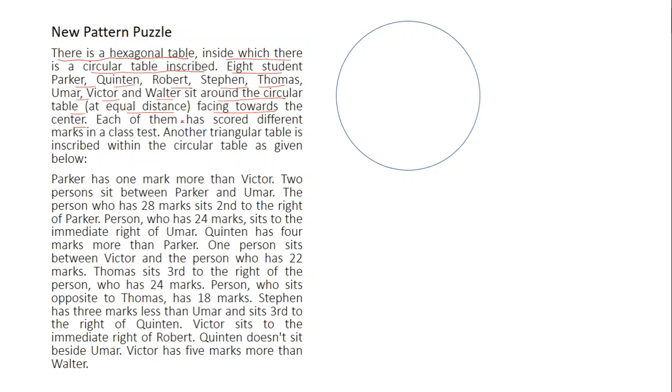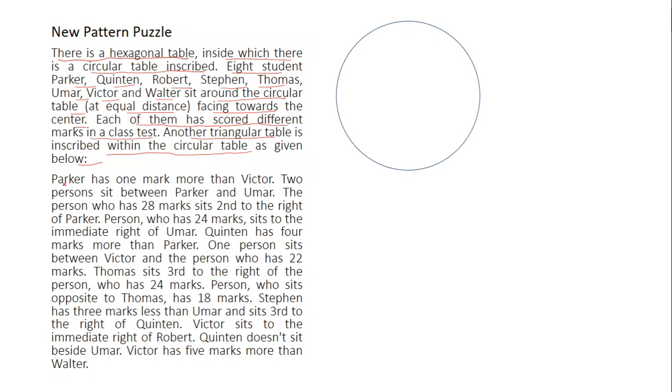Each of them had scored different marks in a class test. Another triangle is inscribed within a circle as given below. So there is a hexagon, within it a circle, and within that a triangle.